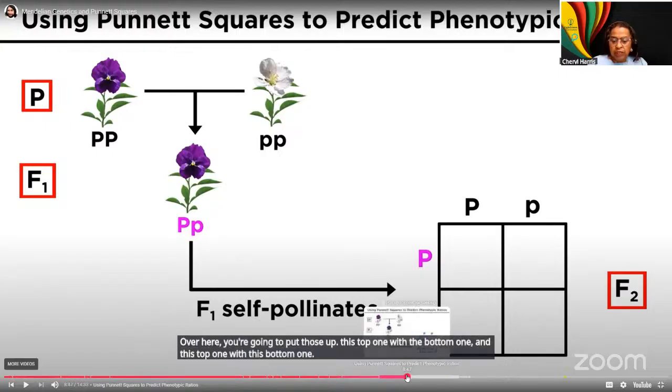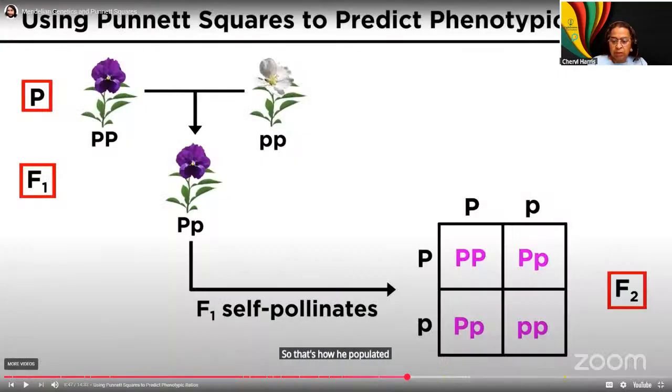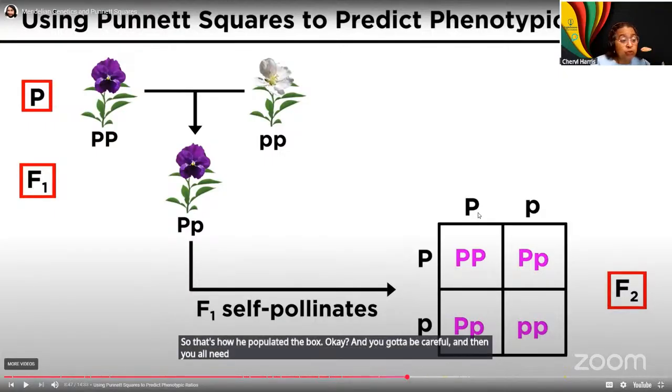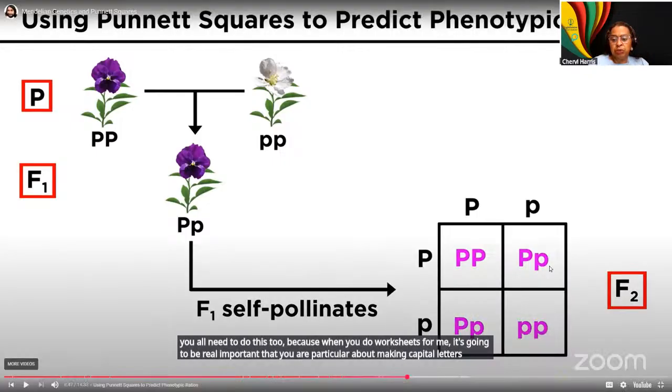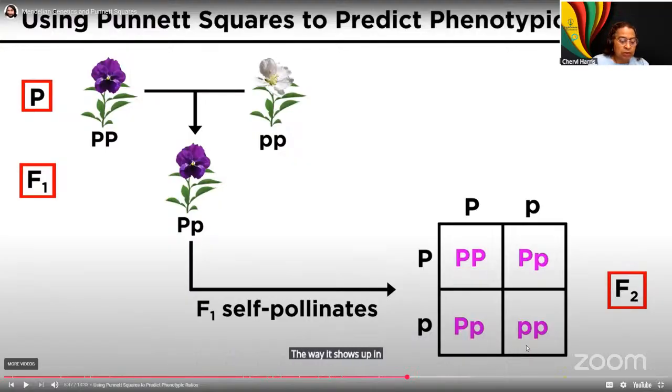So that's how he populated the box. Okay, and you all need to be careful with this too, because when you do worksheets for me, it's going to be really important that you are particular about making capital letters and lowercase letters, because it matters the way it shows up in the box. Okay.